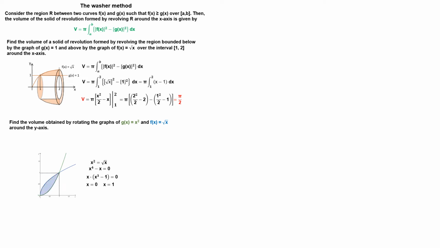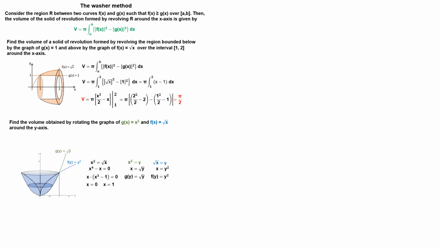Revolving the region about the y-axis generates a solid of revolution with a cavity. Cross-section is perpendicular to the y-axis, so we should solve the equations for x. As we can see, the limits of integration do not change.